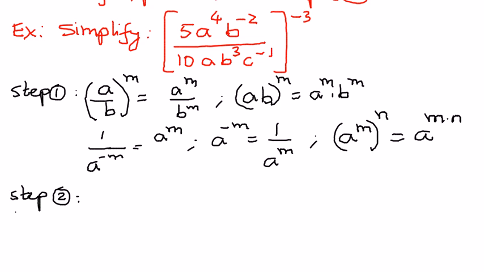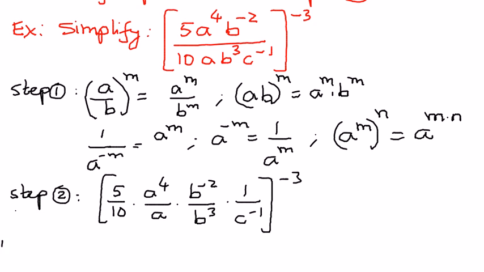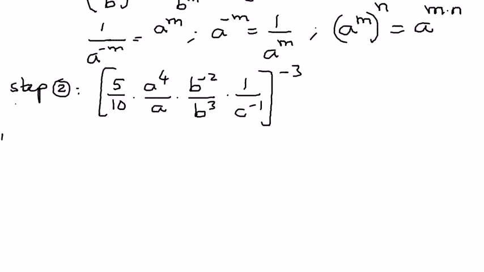What I'm trying to say is this: 5 over 10, and then a to the power of 4 divided by a. I'm writing all the like terms together, and I have b to the power of -2 divided by b to the power of +3, and then the c term is by itself, and all of this is raised to the power of -3. Now I'm going to simplify this.